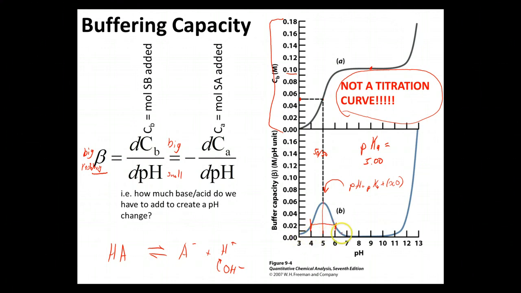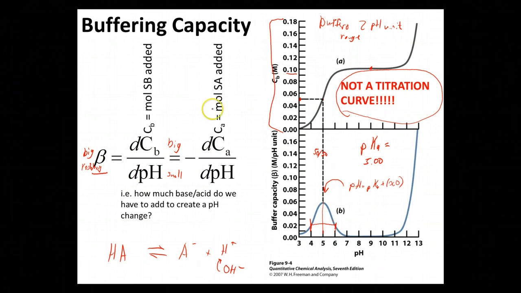As you get further out, they become less and less good, but there's still some buffering capacity. So the rule of thumb we use is that buffers work over a 2 pH range around pKa. You'll still have a little bit of capacity outside of that range, but it gets wimpy enough that we don't really want to use it to control our pH very much.